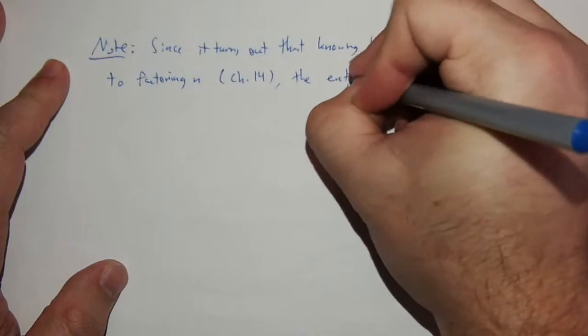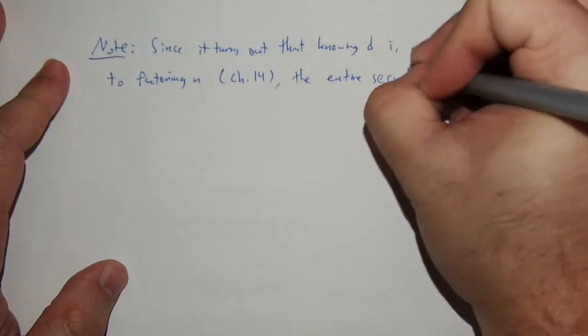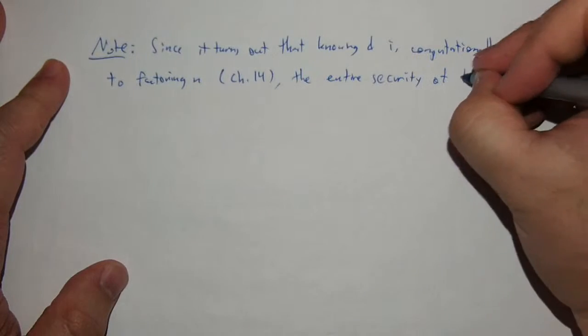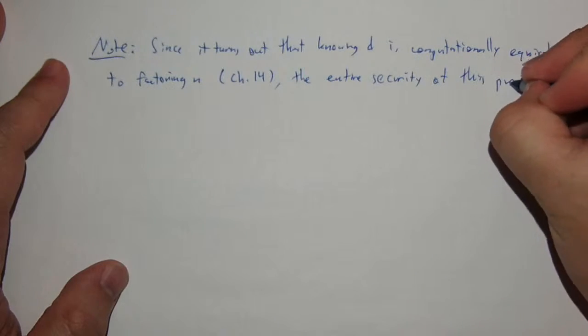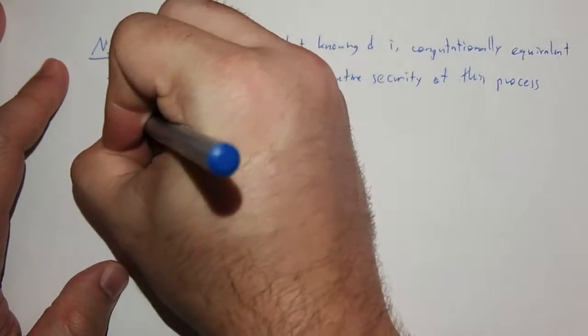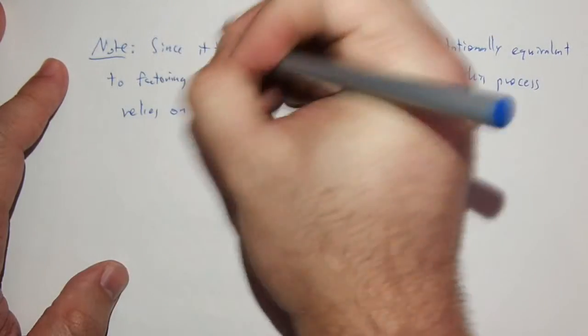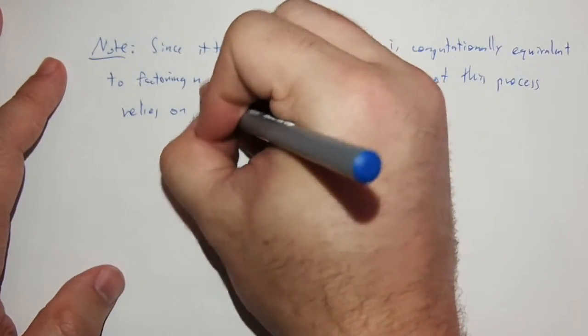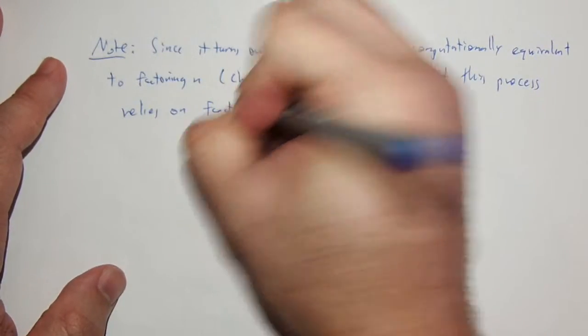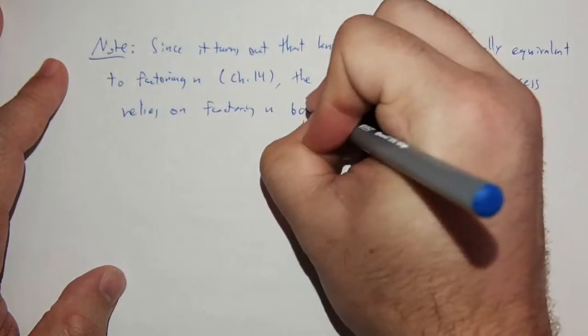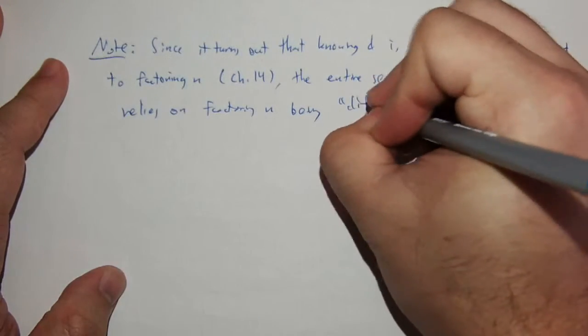The entire security of this process relies on factoring n being difficult.